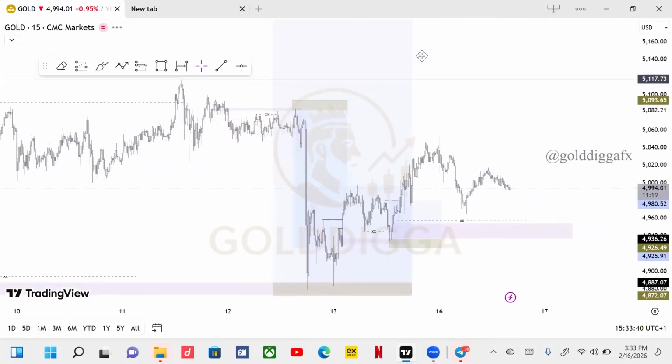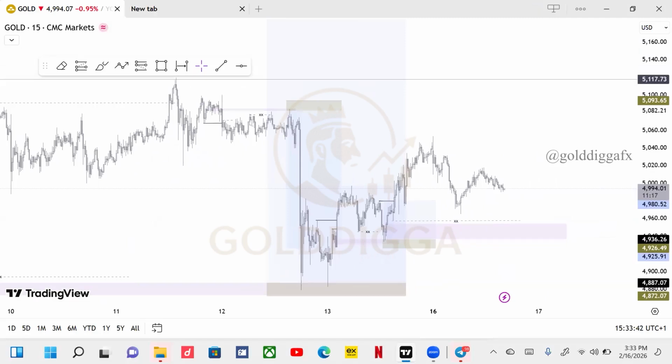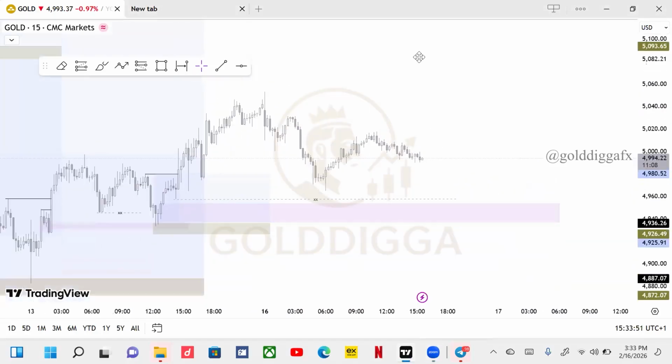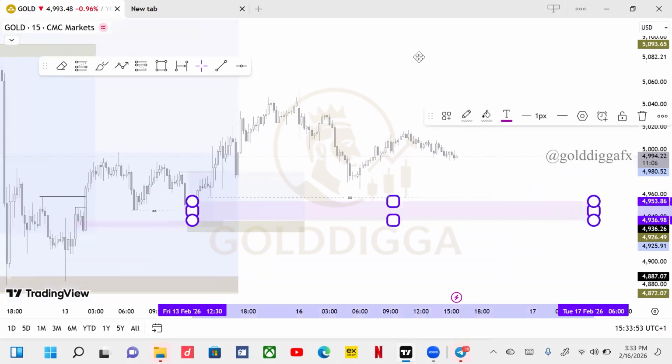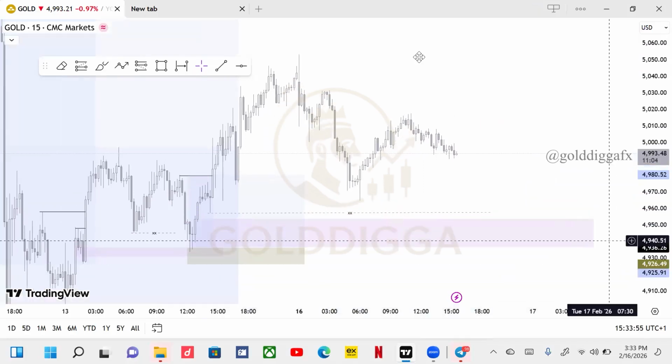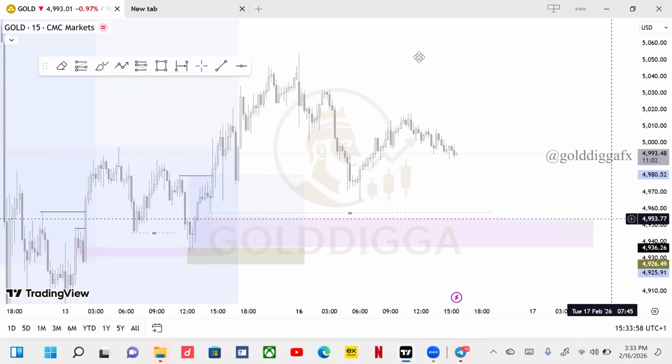So what's the next thing? All right. So for this, I'm not going to set a limit on this. I've just been looking out for this area. If price comes in this area, I might not take direct entries, but I would observe.